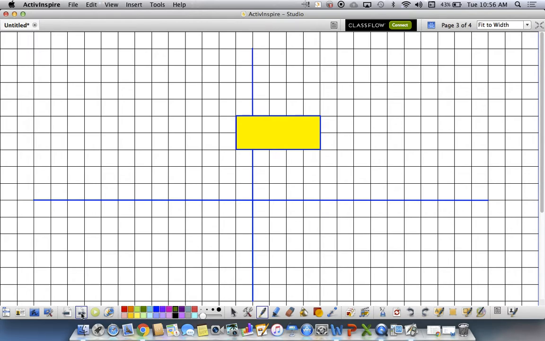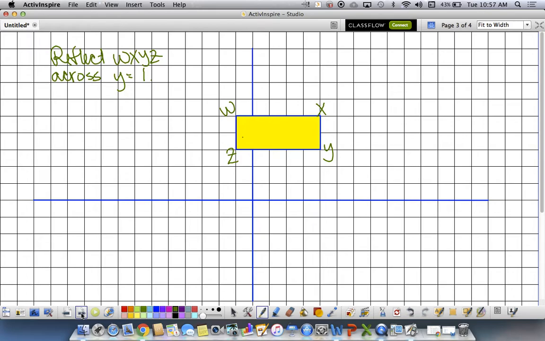What if I want to reflect this across the line y equals 1? I need a name, so let's go ahead and name it W, X, Y, and Z. So can you reflect W, X, Y, Z across the line y equals 1?